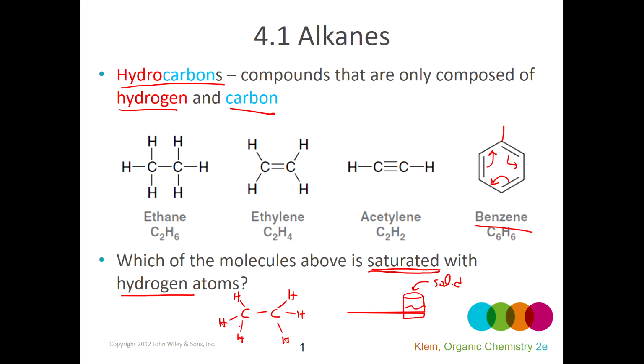I can't put any more hydrogens on here because I can't make any more bonds around the carbons. 4 bonds is the maximum bonds a carbon can make, so that's fully saturated.